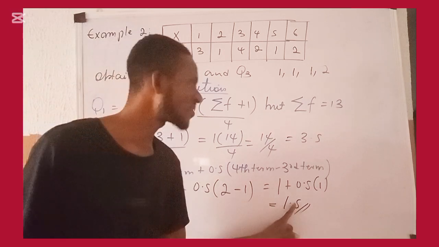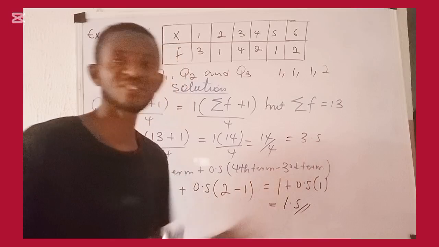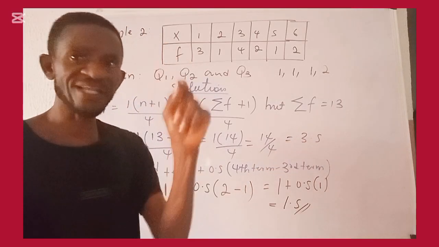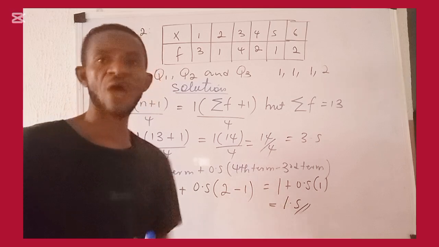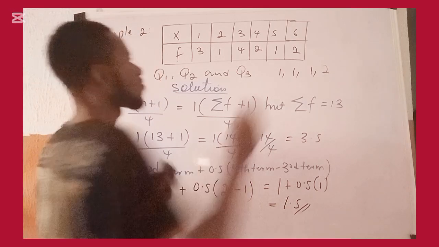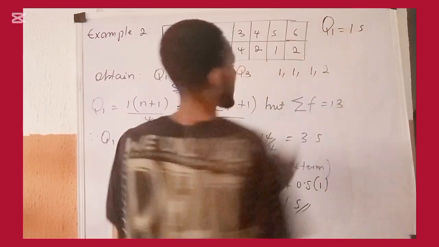So this our 1.5 now is what we call our third quartile, and not this 3.5. This 3.5 only assisted us to correctly arrive at the value of our Q1, which is 1.5. So our Q1 we have gotten is Q1 equals 1.5.